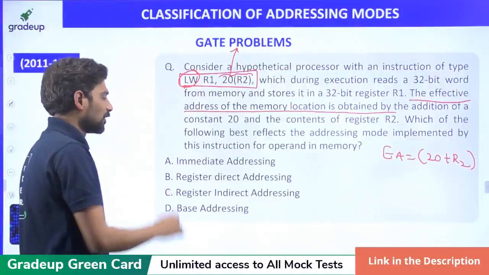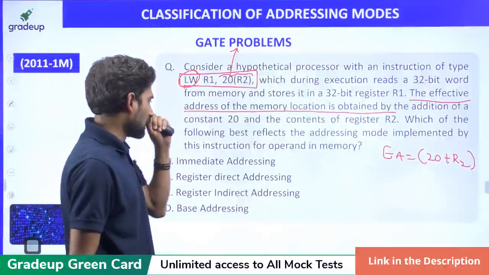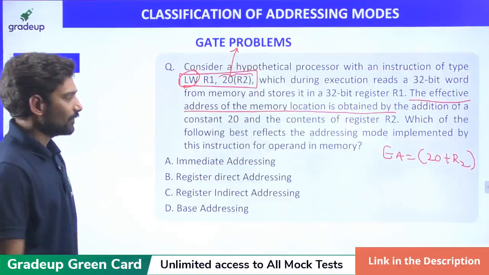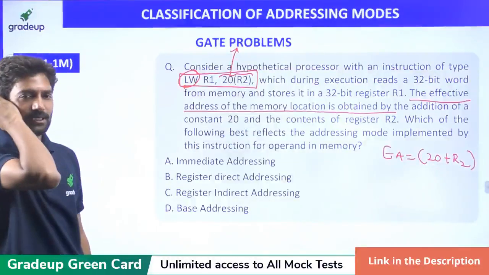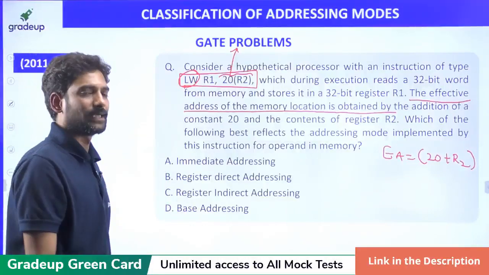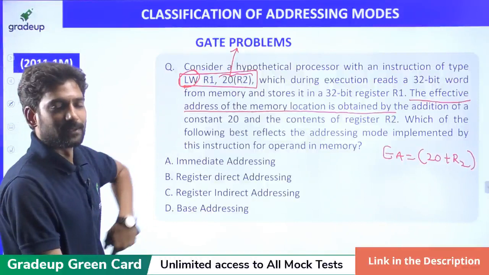Then, which of the following best reflects the addressing mode implemented by this instruction for the operand in memory? So what is the best addressing mode that is suitable? It's a very direct, straight question.